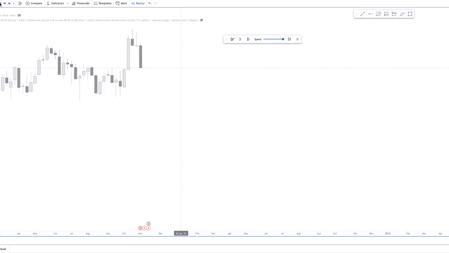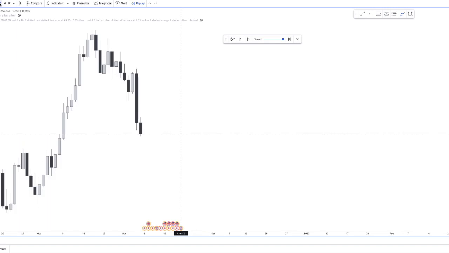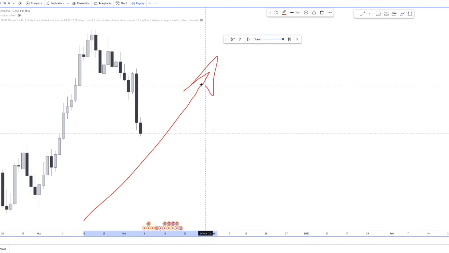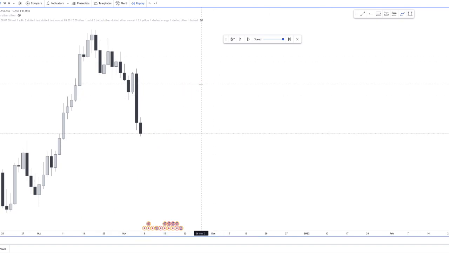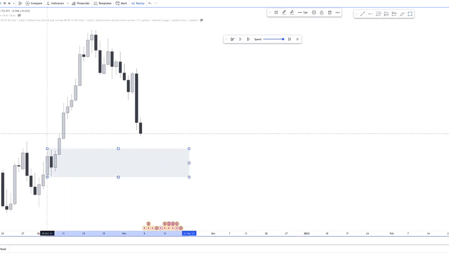If we scale to daily, we can clearly see the bullish pressure. So we are bullish even on daily, and we can add more information to this daily chart, such as this demand and this inefficiency.